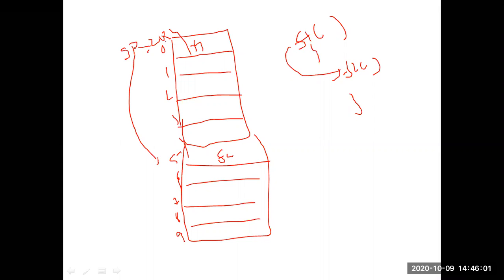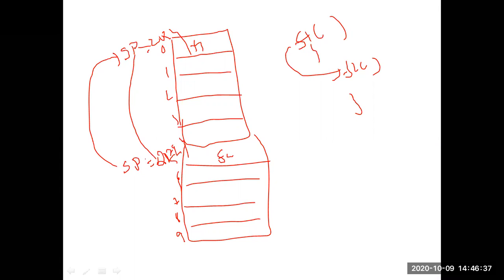It will be incremented until it reaches function 2. So the stack pointer will come here: 2024 plus 5. So the stack pointer will contain the starting location of the activation record of F2, that is 2029. Then after function 2 is completed, again the stack pointer will be decremented to come back to function 1, 2024, which is the starting location of the activation record of function 1.